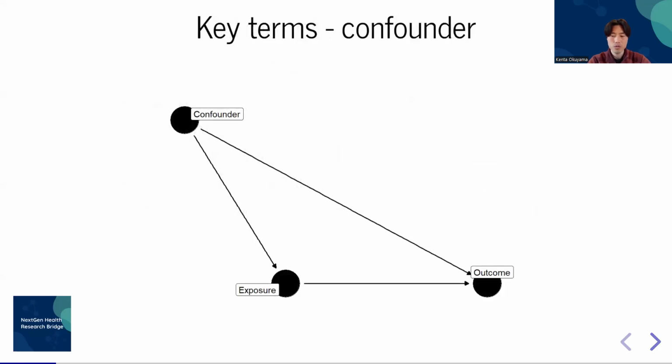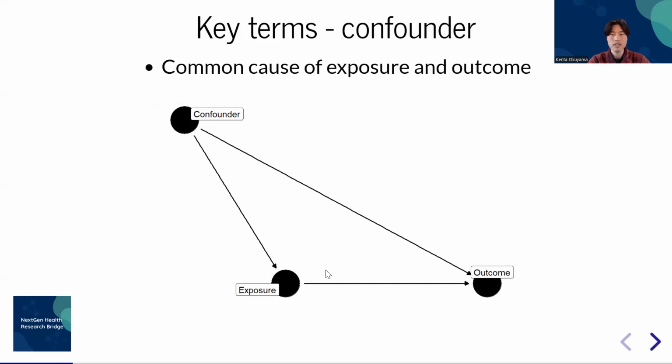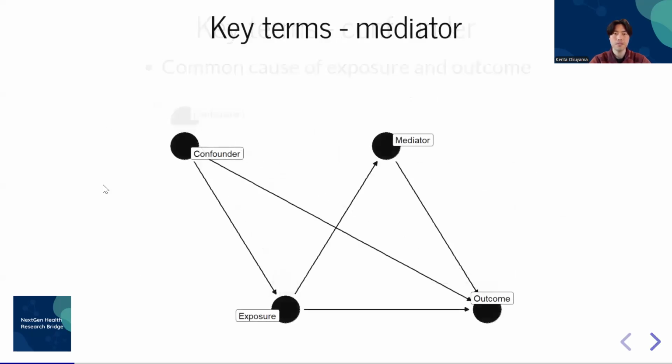Now I will go through each of the key terms. First one is confounder. Confounder is something that is a common cause of two variables, in this case, exposure and outcome. And therefore, you see the two arrows pointing into exposure and outcome from confounder. And the second one is mediator.